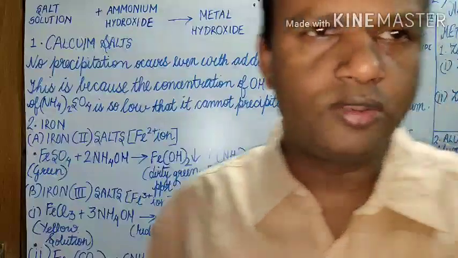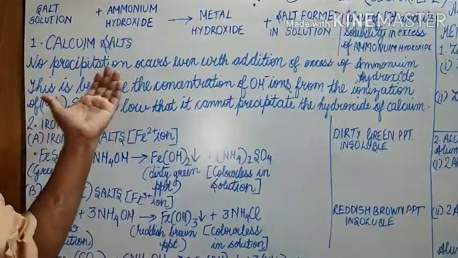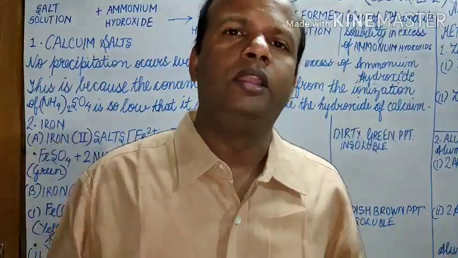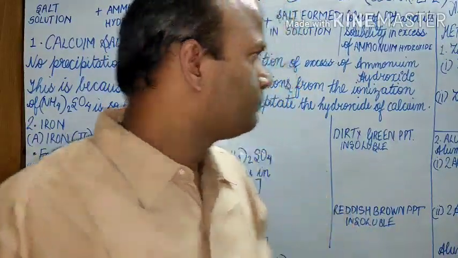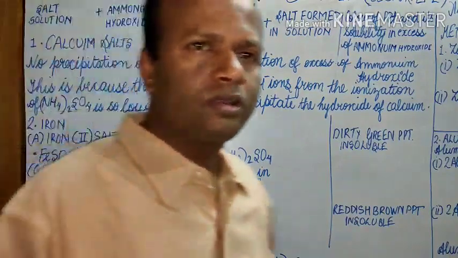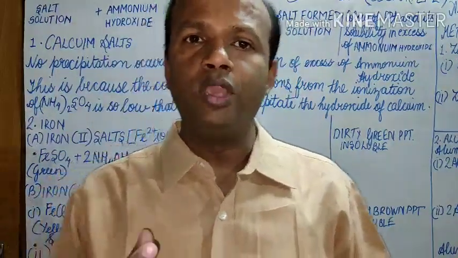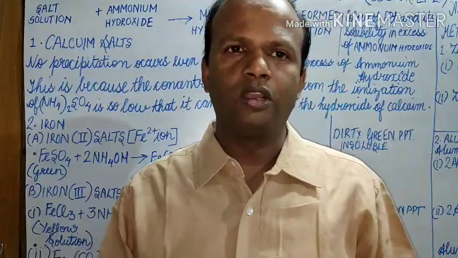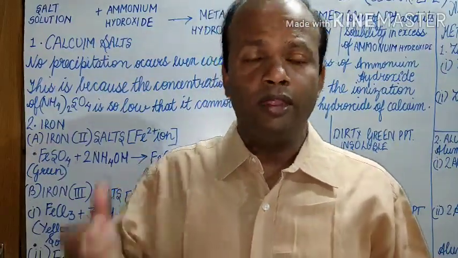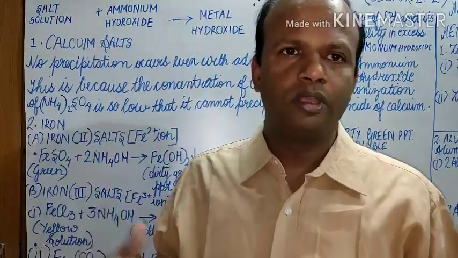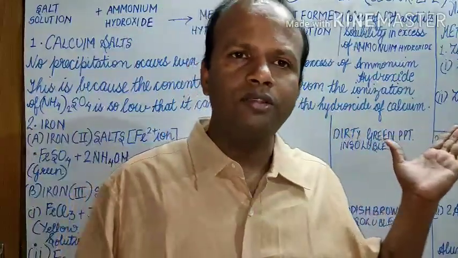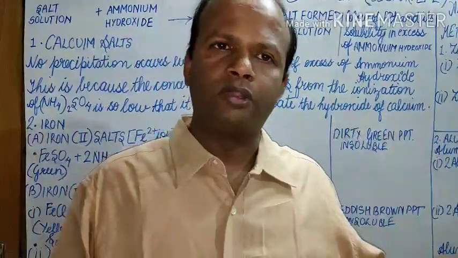Now for calcium salts, it is given that no precipitation occurs with addition drop by drop and even in excess. The reason is that it's a weaker alkali, so it will produce OH minus in lesser amount, and in this particular case it is not sufficient to get the precipitate.